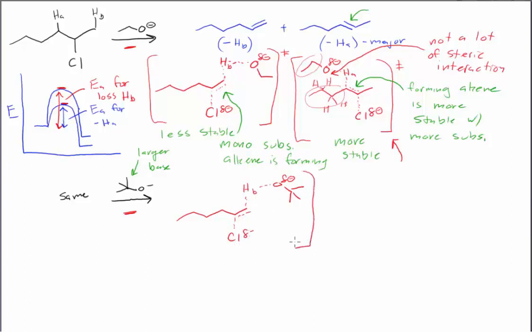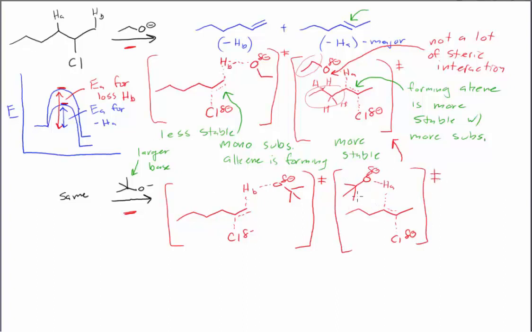Delta minuses, got our transition state and our double dagger. And then I'll draw loss of HA. And again, our transition state with the double dagger.